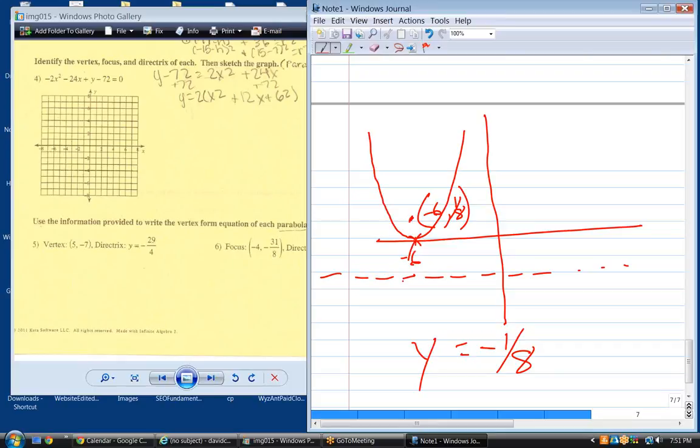So the directrix is 1/8 away, and its equation has to be y equals minus 1/8. That essentially answers everything. We've identified the vertex at minus 6, 0, the focus at minus 6, 1/8, and the directrix, y equals minus 1/8. And then we sketched the graph, which I've done.